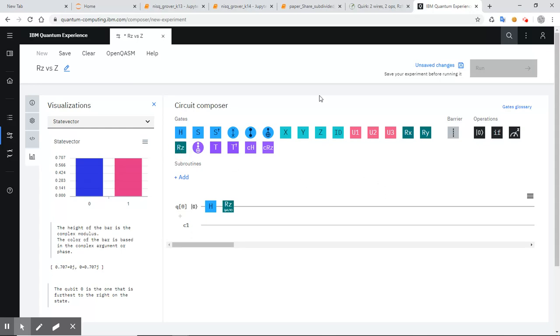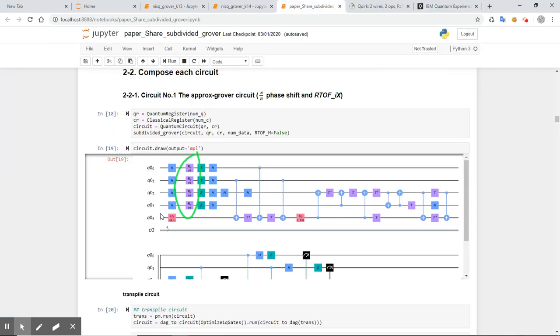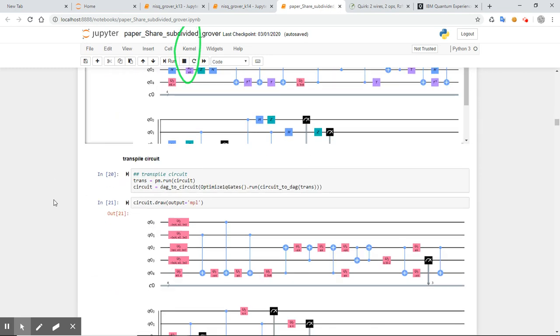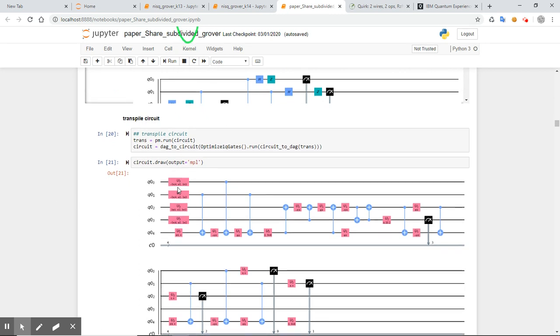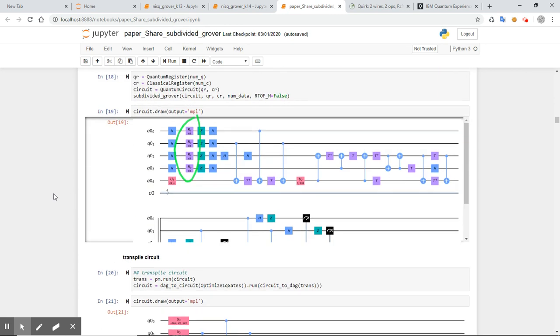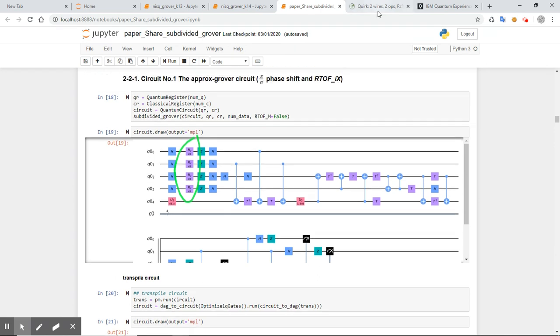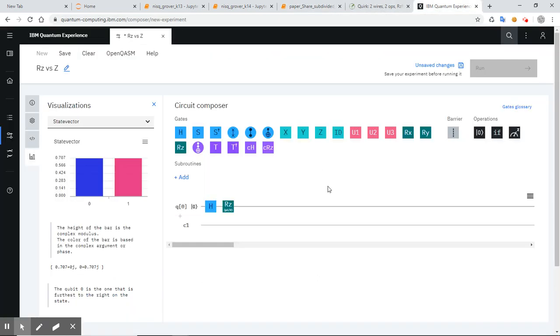So what's the correct way to implement that? Because this is an RZ pi divided by 4, which is translated. This transpiling happens, basically. Because if I would use the U1 instead of the RZ, so remember this is 0.7, yeah.